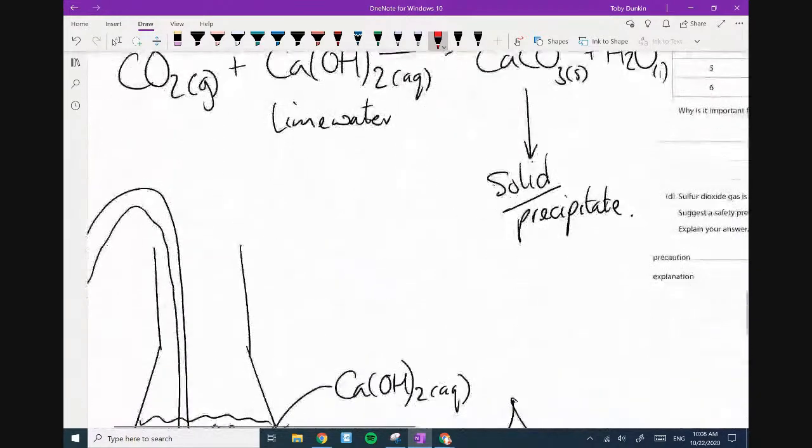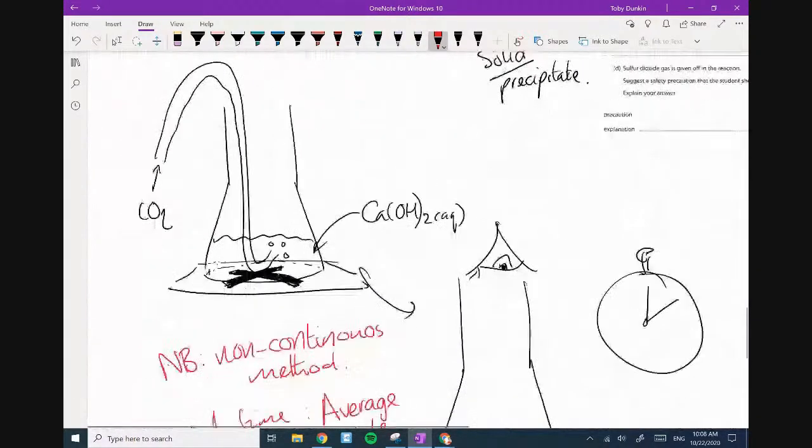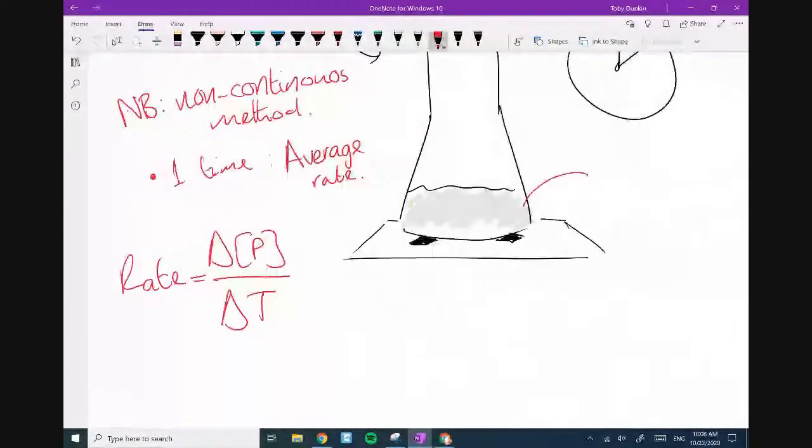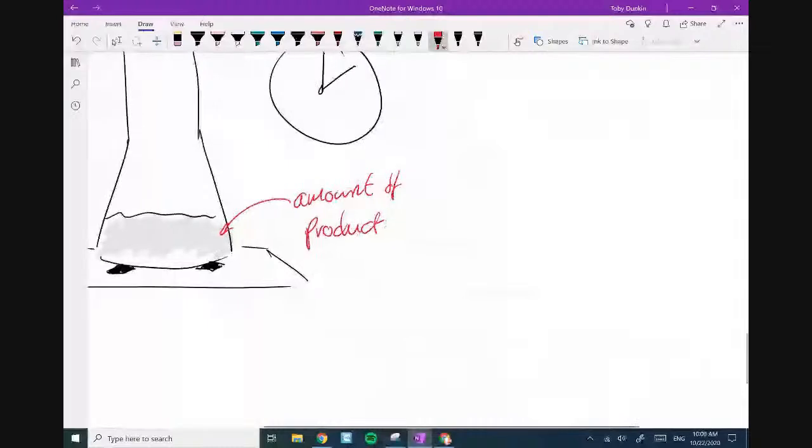But in this case, I'm not actually measuring the amount of product. The amount of product is fixed: the amount of product to make the cross, the X, disappear.